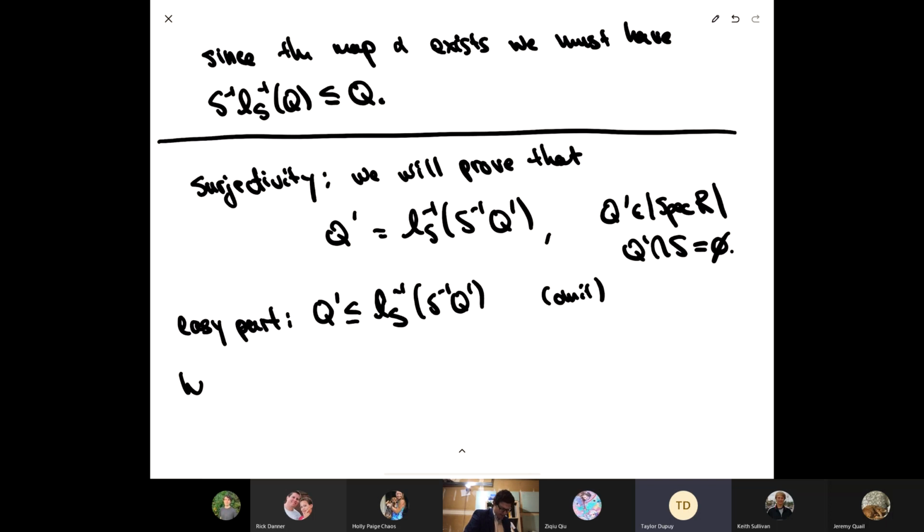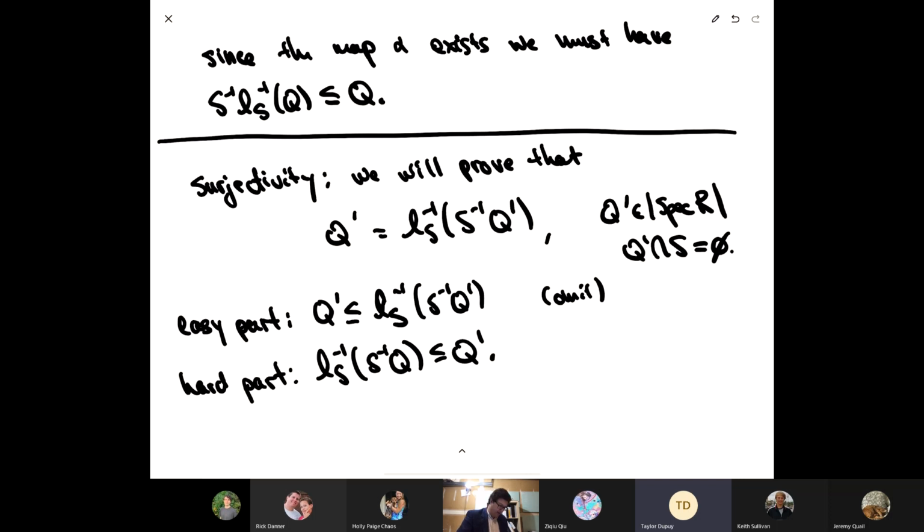And the hard part is the other way: LS inverse of S inverse Q prime is contained in Q prime. That means if I localize the ideal, and then I take the inverse image under the localization map, this thing is contained in Q prime.